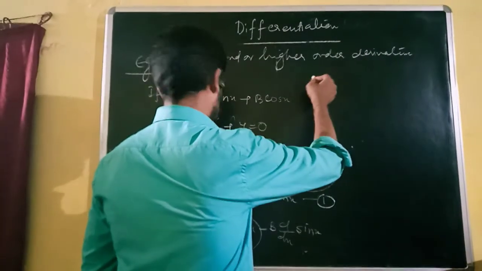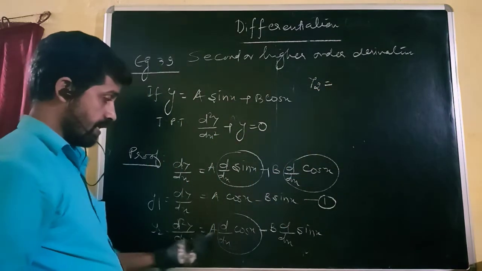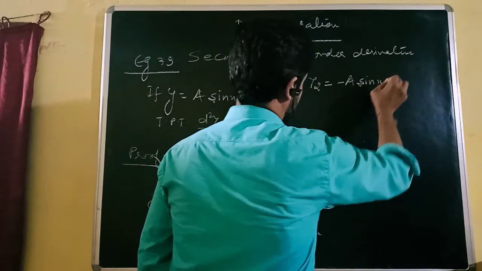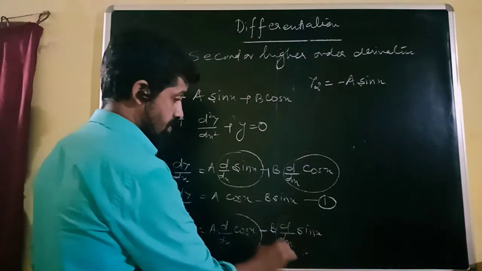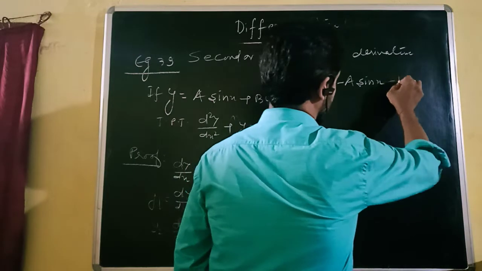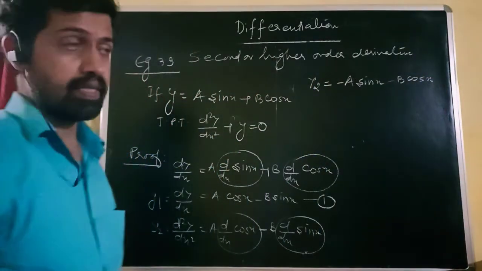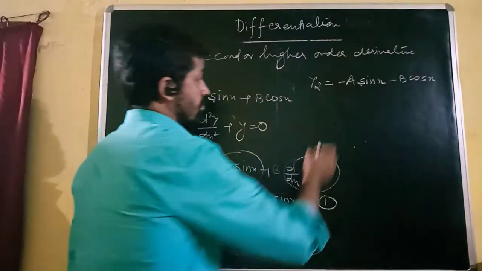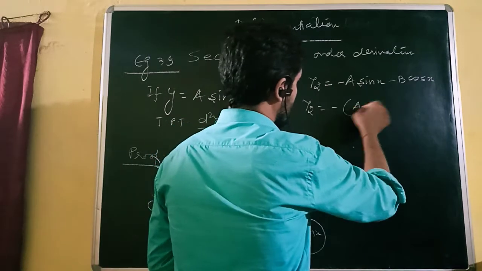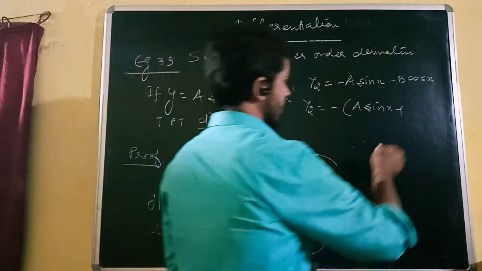So here I will write down y2 equals to minus of a sin x, and then d by dx of sin x is again cos x, so minus of b cos x. Now minus is common, and then the leftover part is written inside the bracket.